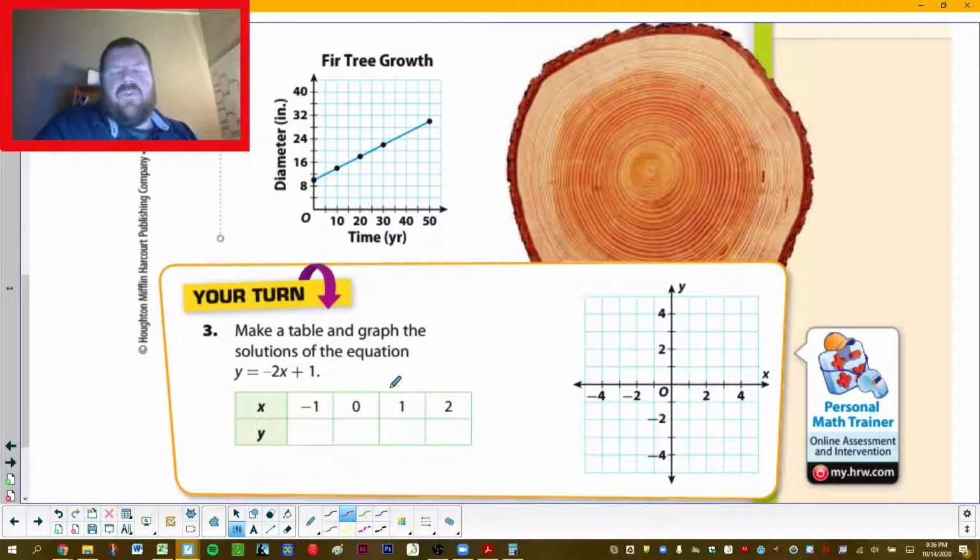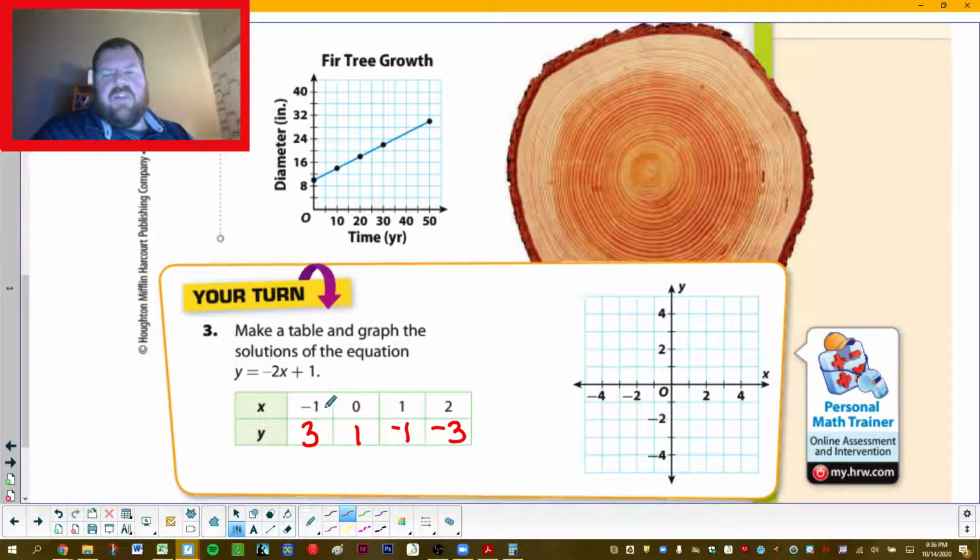They picked points for me, which is kind of sad, but it works. -2 times -1 is +2, plus 1 is 3. -2 times 0 is 0, plus 1 is 1. -2 times 1 is -2, plus 1 is -1. You can write all these out if you want to. -2 times 2 is -4, plus 1 is -3.